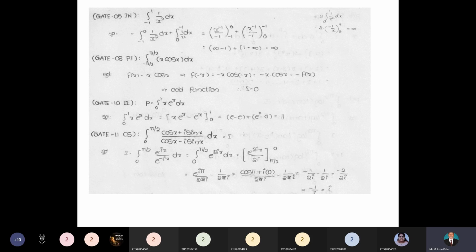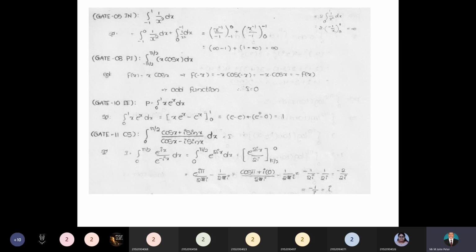Any limit of equal and opposite value, whether it is minus 1 to 1, minus pi to pi, minus 2 to plus 2, like that, there you can apply the even odd function concept. If the function is odd, the integral value is 0. If the function is even, you can write twice the integral from 0 to that value.